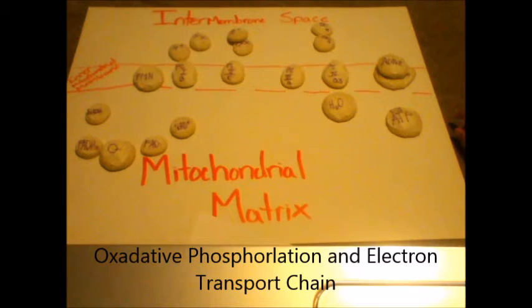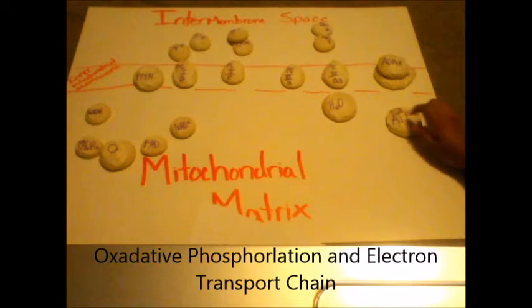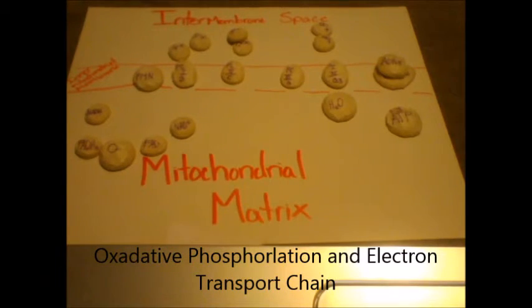If it was FADH2 that went through this process, it'd be 2 ATP produced. FADH2 has a weaker concentration gradient, therefore less energy to change ADP to ATP. So from the electron transport chain, 34 ATP can be produced from the 10 NADH and the 2 FADH2.